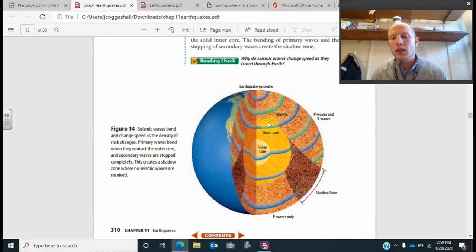However, a primary wave coming through here, primary waves only, will travel through the outer core, through the inner core, through the outer core, and then back through here. But a secondary wave will not travel, and you will not pick up any secondary waves. So this is what leads us to believe what the structure of the inside of the Earth actually looks like, by collecting all of this earthquake data and doing all these complicated calculations.